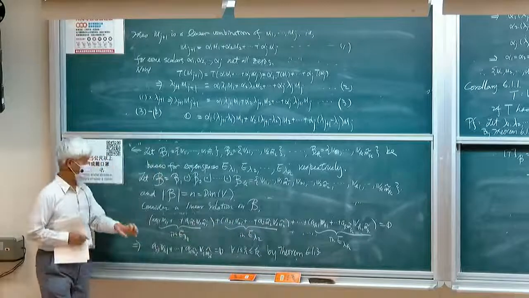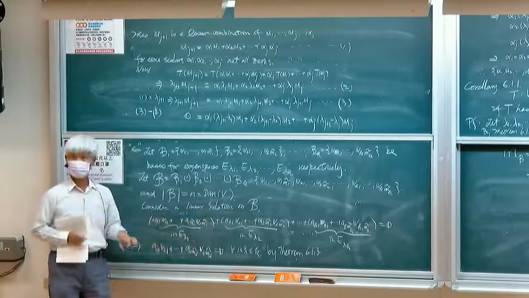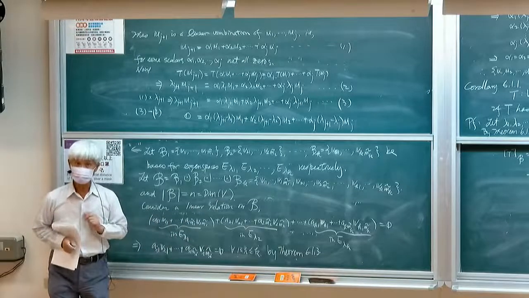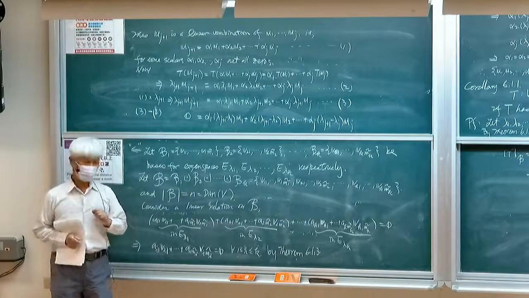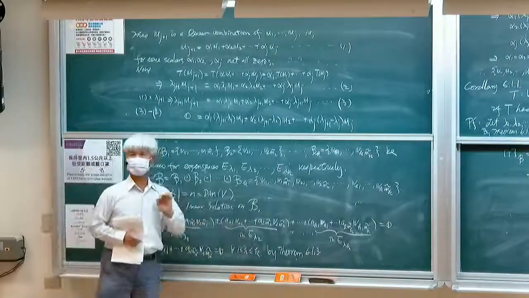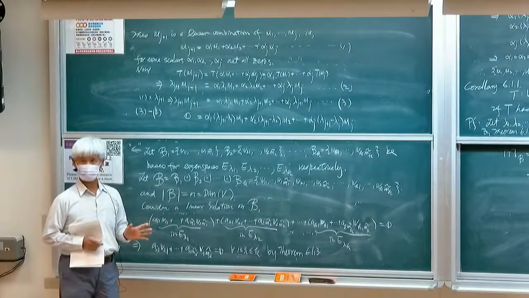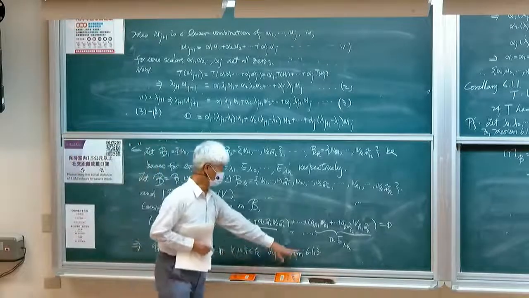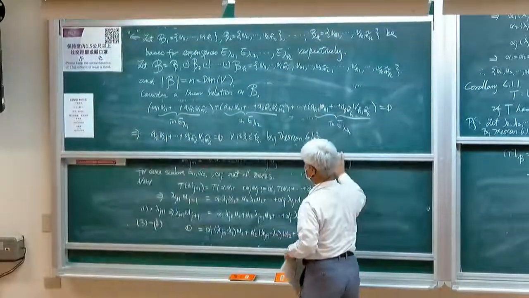So whenever you have a group in the parentheses that is non-zero, you get a contradiction. So every group should be zero, no exception. This is from theorem 6.1.3.